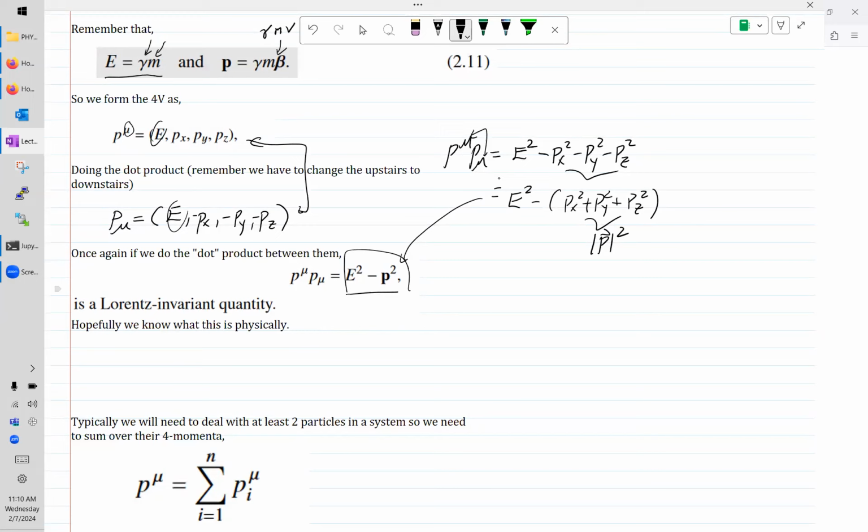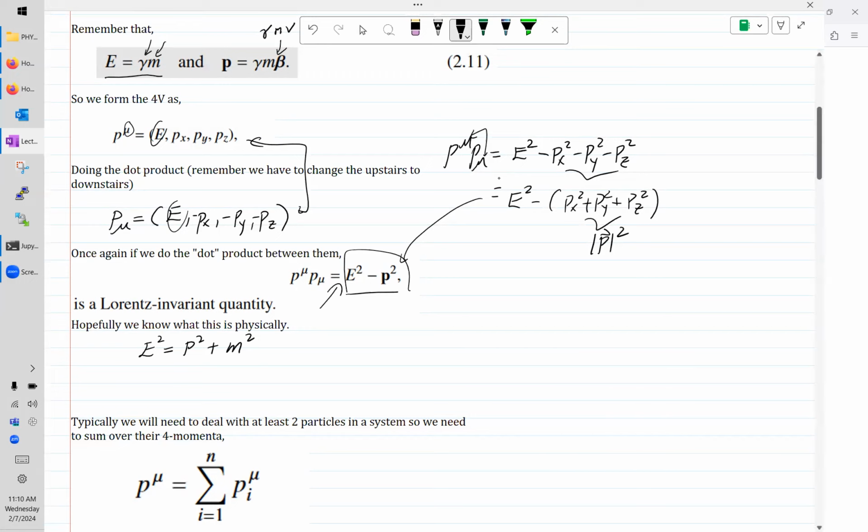This may not look familiar, but what if I write this? What is the four-momentum dot product with itself equal to? Can you guys see that?